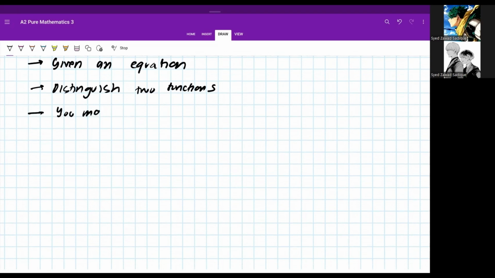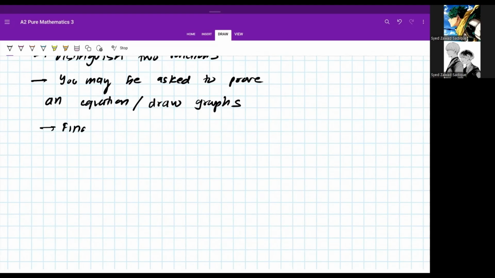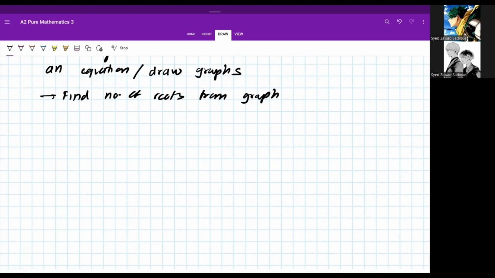You may be asked to prove an equation or draw graphs, find the number of roots from graph, then you have to find f(x).